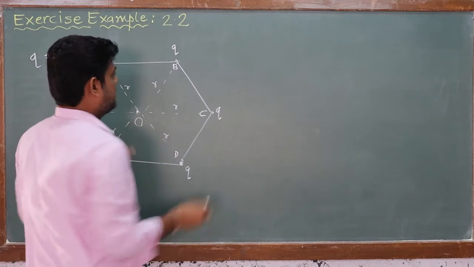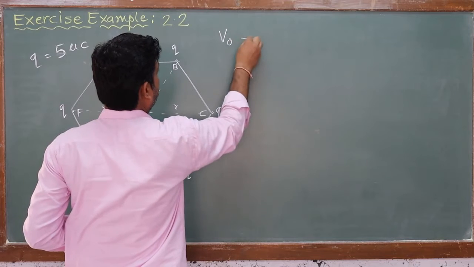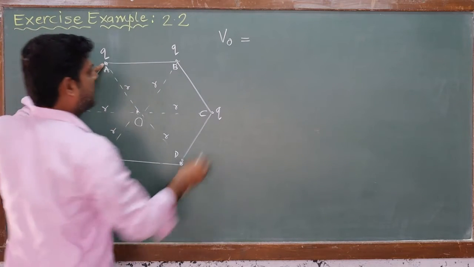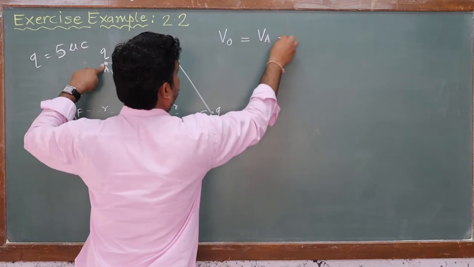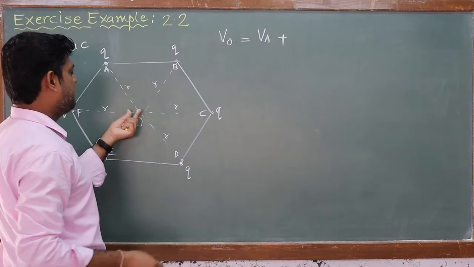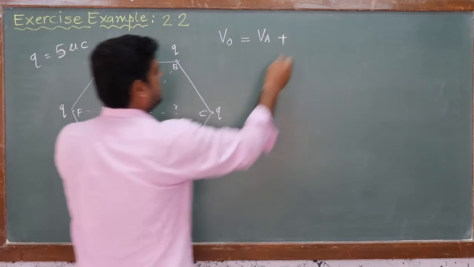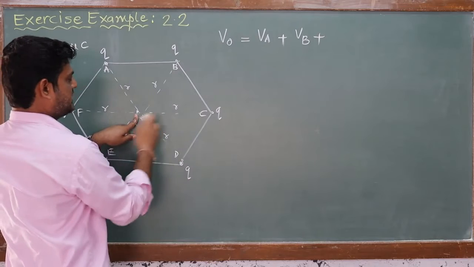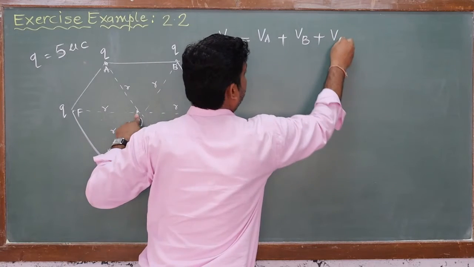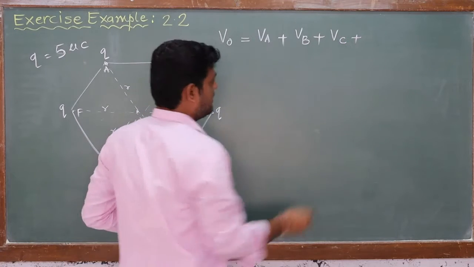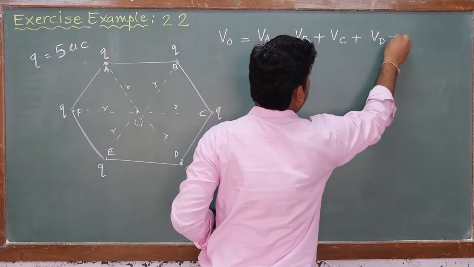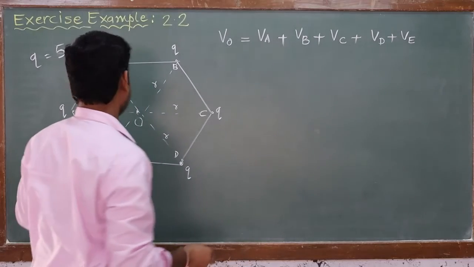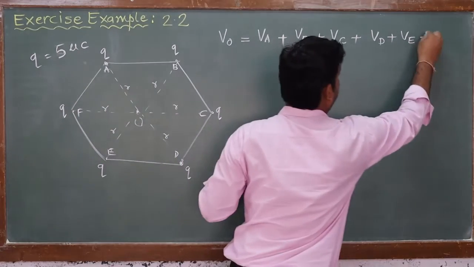We can find the potential at the center: VO equals the potential at the center due to vertex A, we will write VA. Similarly, potential at point O due to B, VB. Potential at point O due to C, VC. In this way we can write VD plus VE plus VF.